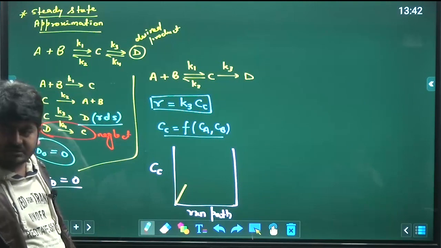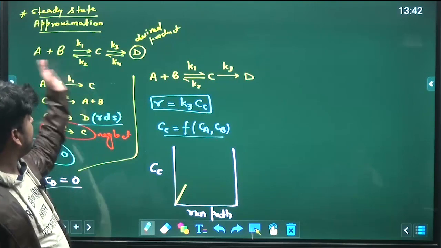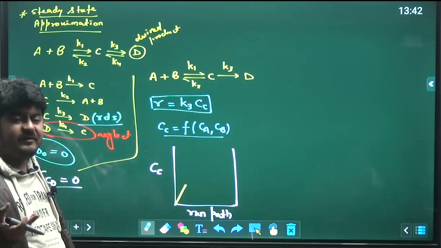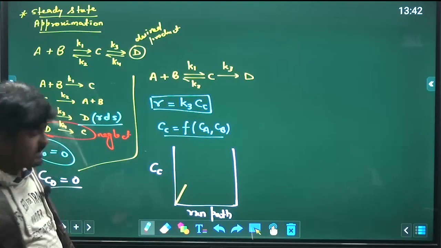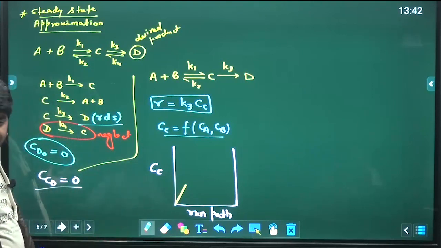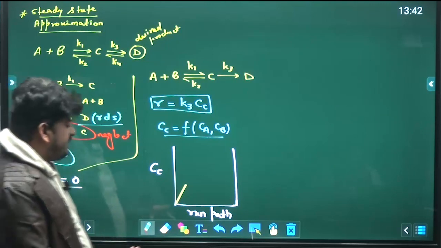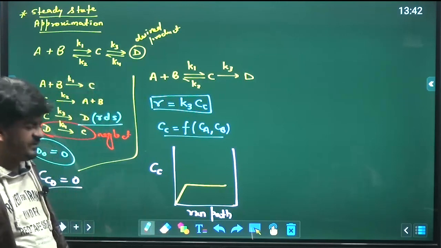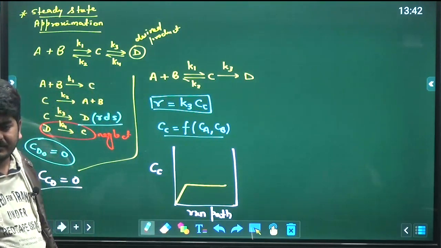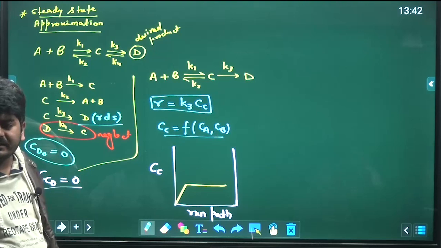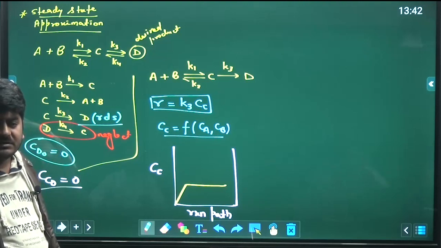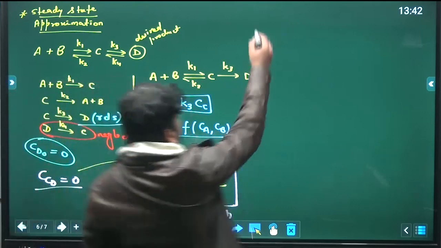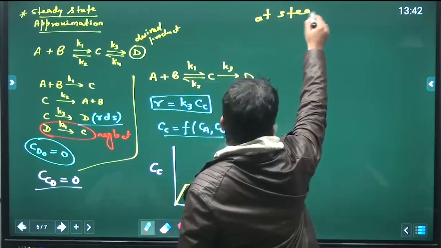Initially there is no C, nothing, only A plus B will first start forming C, so its amount will increase. And when we have a sufficient amount of C there, then C will also start disappearing. But at that moment, the rate of formation of C and rate of disappearance of C will be the same. They will be equal. They will be at steady state. So the concentration of C will be constant.